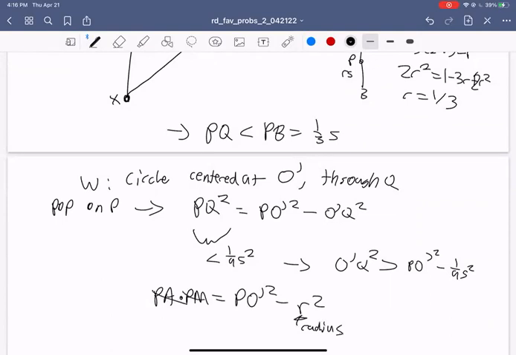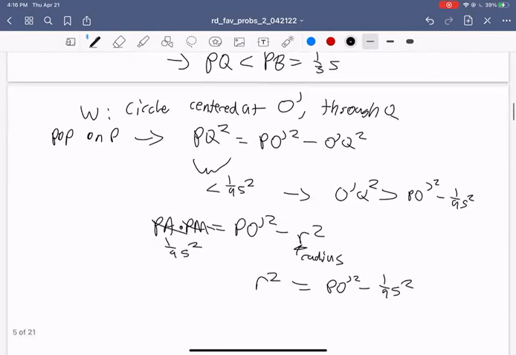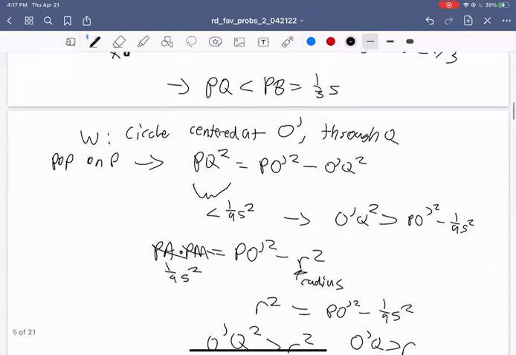And as we found earlier, this just turns out to be 1/9 S squared, which means that R squared is equal to PO prime squared minus 1/9 S squared. So the distance O prime Q is greater than R. And that's the smallest distance to any point on the line, which means that no point on the line can be inside the circle, and therefore we are done.